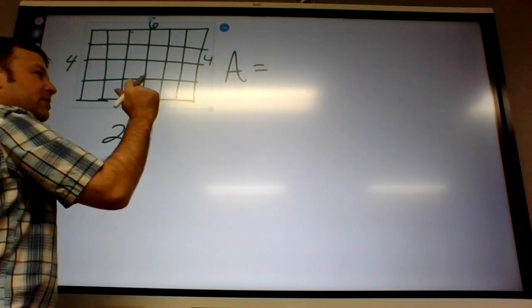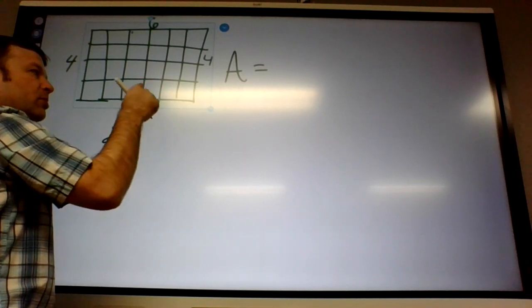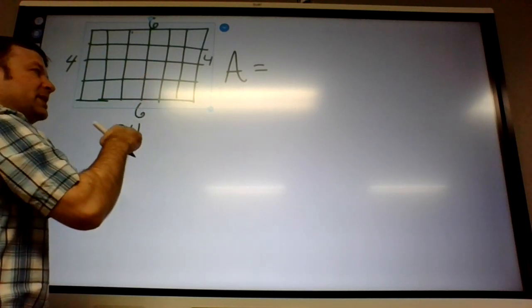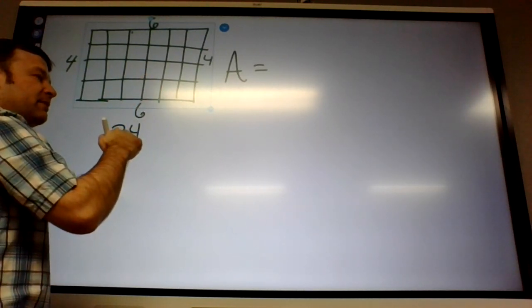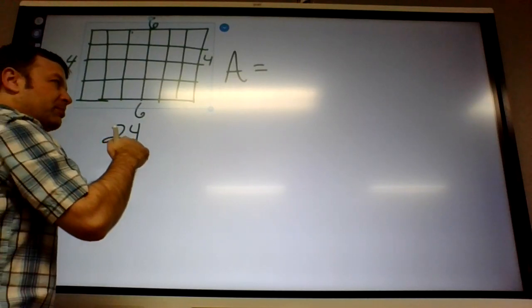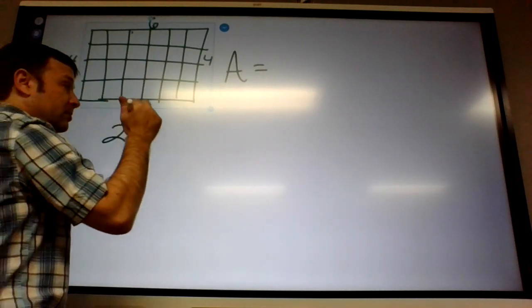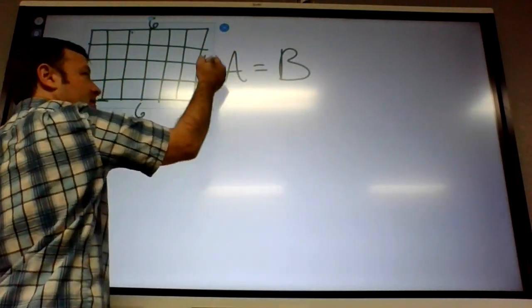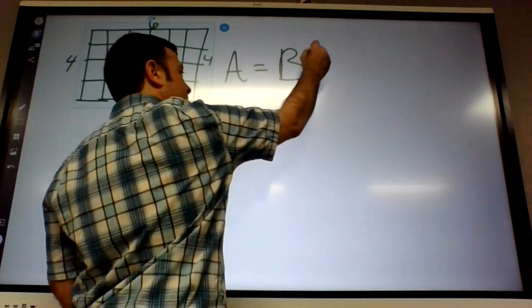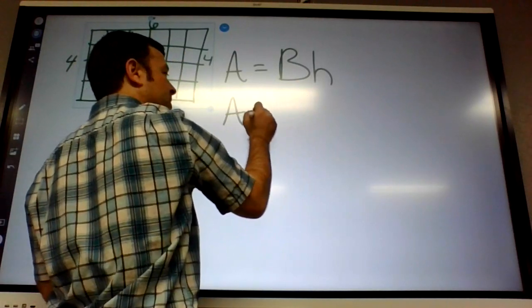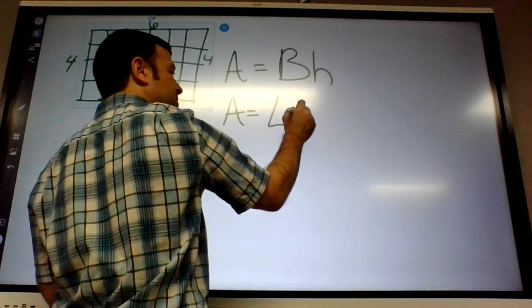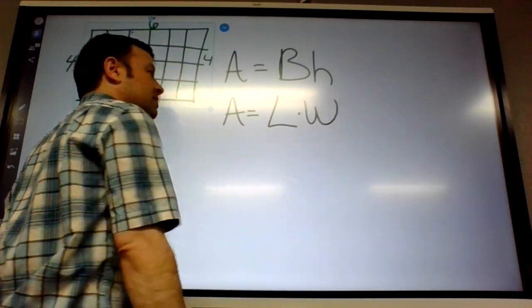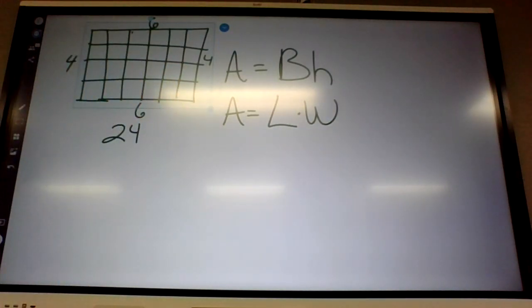Either it's called the base or sometimes the length. I think the book might use both, but on a rectangle it can be base or length. So it's either base times height, or sometimes length times width. Whatever, you just multiply the 2 dimensions together. That times that.